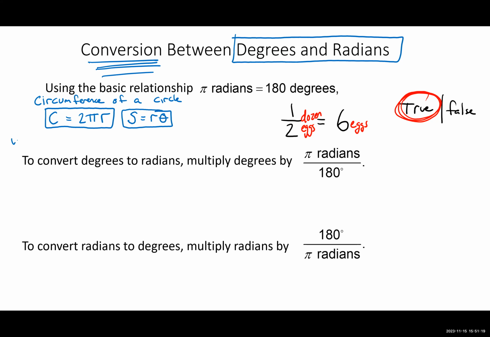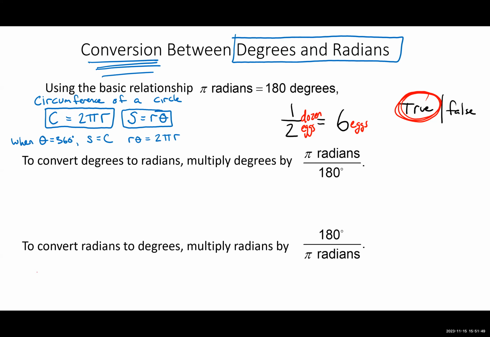So when the angle is equal to 360, you get a full circle. That means you get the circumference. Then the arc length is equal to the circumference. S equals C. So r times theta is equal to 2 times pi times r.